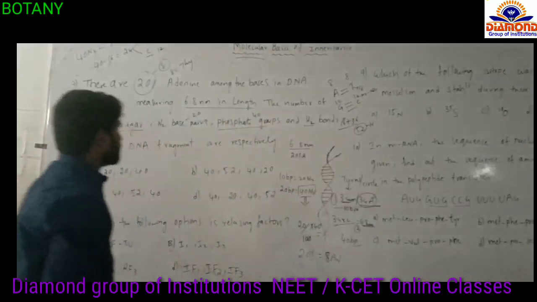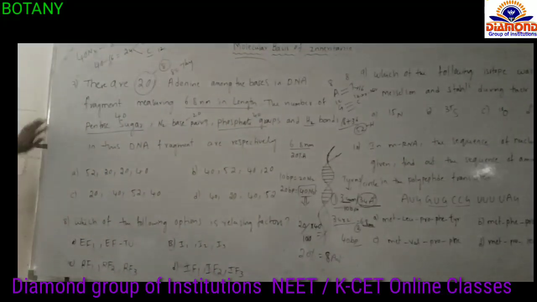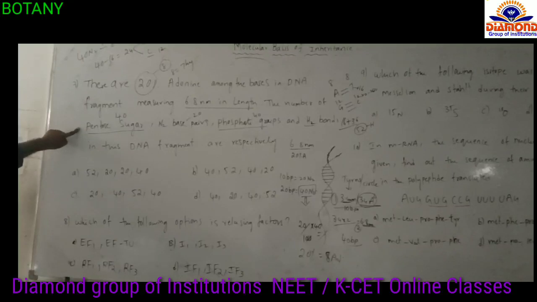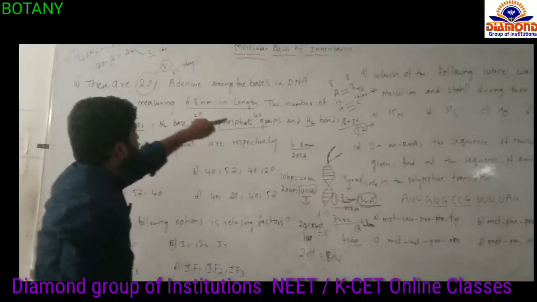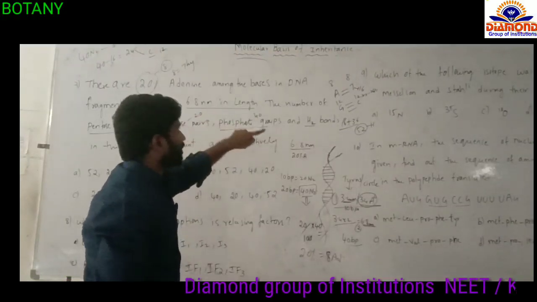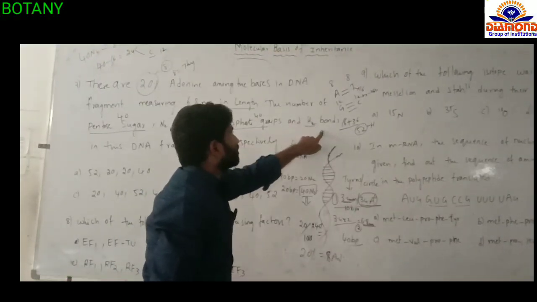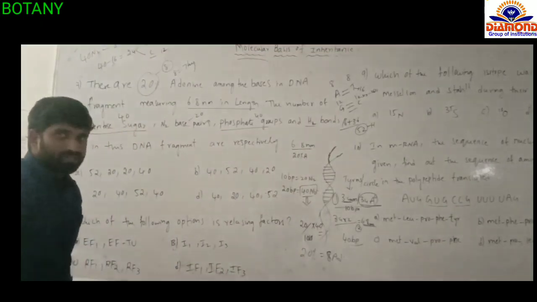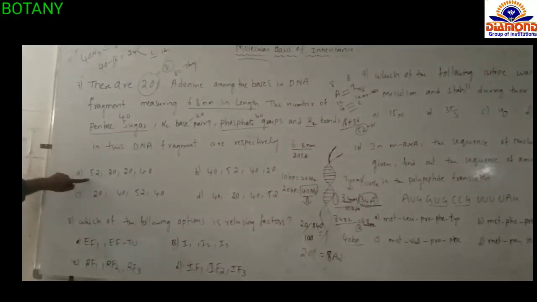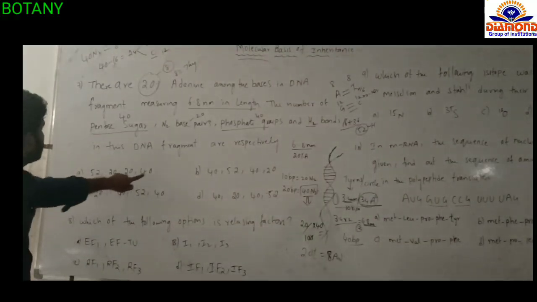So now you can see the answers respectively. The number of pentosugars is 40, the number of nitrogen base pairs is 20, the number of phosphate groups is 40, and the number of hydrogen bonds between adenine, thymine and guanine, cytosine is 52. Now checking the options, option A is 52, 20, 20, 40.